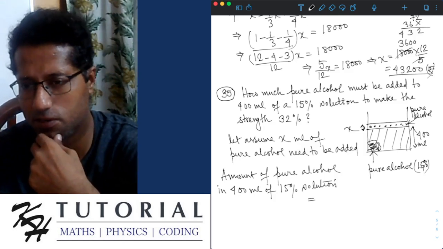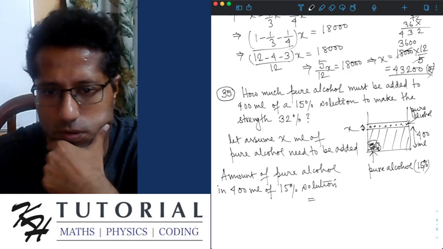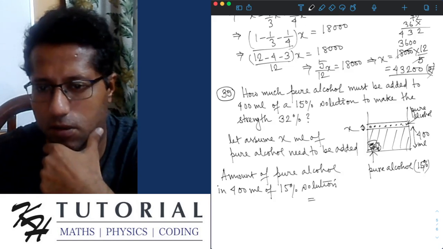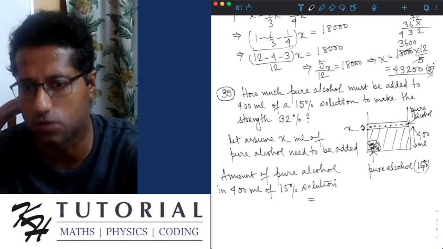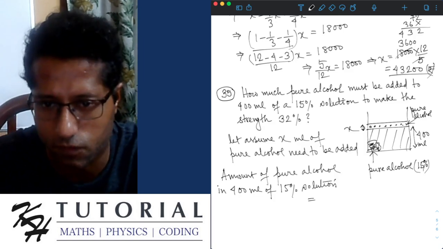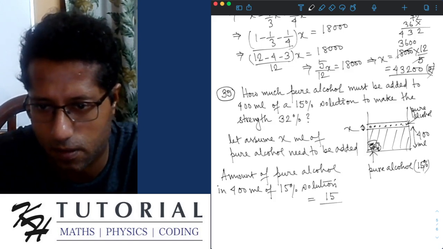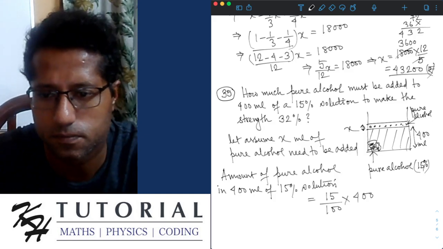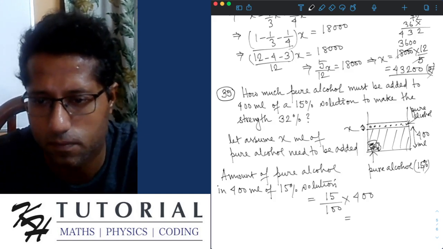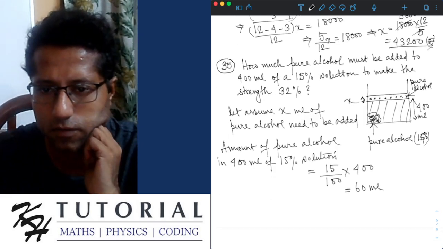A 15% solution means in 100 ml there will be 15 ml of pure alcohol. So what will be the amount of pure alcohol in 400 ml of such solution? If you have done percentage, you will know that this will be 15 by 100 multiplied by 400, which equals 15 into 4, that is 60. So 60 ml of pure alcohol is present in 400 ml of 15% solution.